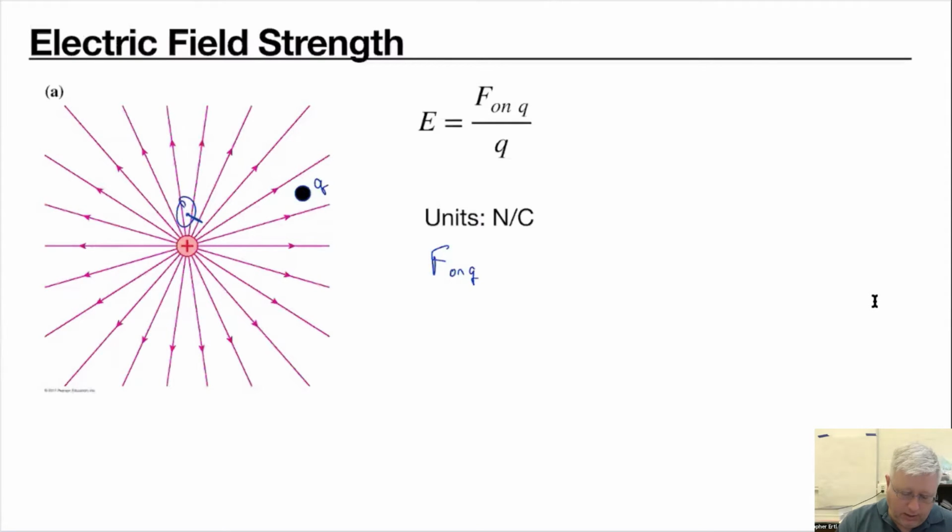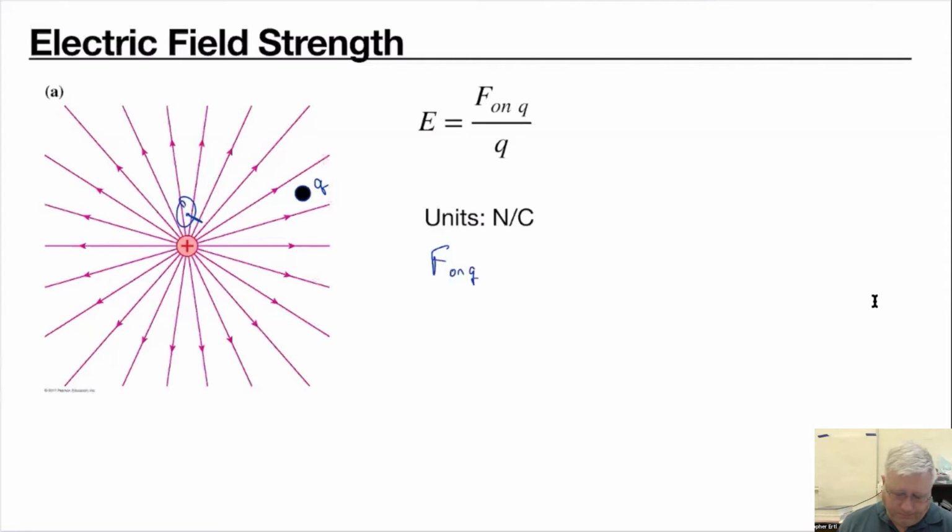Looking at the point charge, the lines that represent the field are very close together near it, but as we get further away there's more distance between them, and so the field gets weaker. It's weaker further from the source that's creating the field.